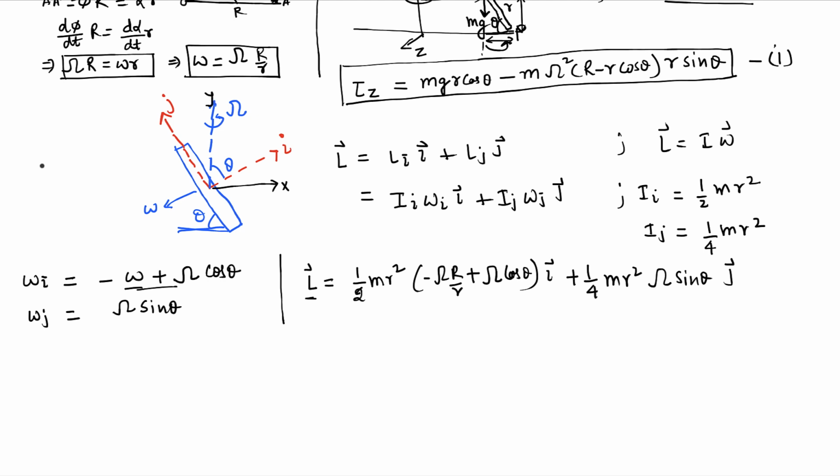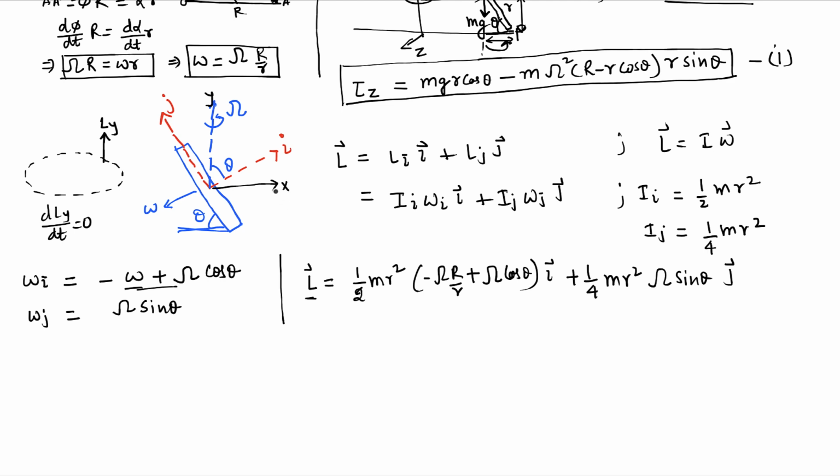So if you see here, Ly is simply like this. If I project this L vector in the y direction, it is just circulating in this horizontal circle. So Ly is not changing, which means dLy by dt is 0. So there is no torque because of Ly.